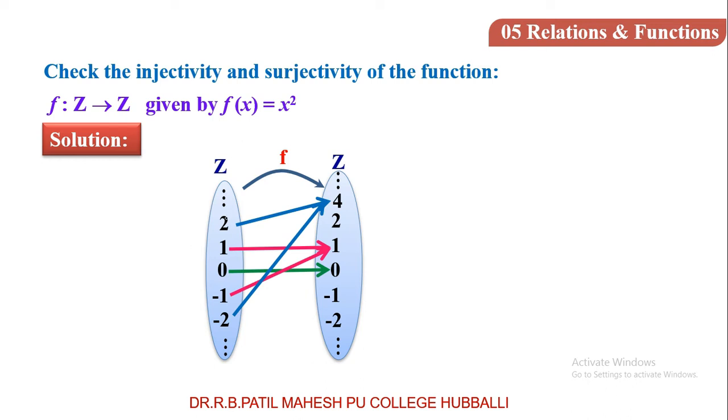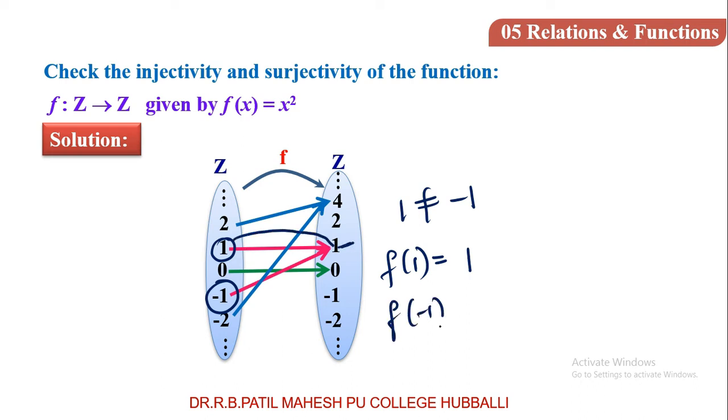Clearly you can see 1 and minus 1. 1 is not equal to minus 1. But what is the image of 1? f of 1 is 1. See, 1 is related to 1. This is the image of 1. f of minus 1 is related to again 1. So from these two I can tell you f of 1 is equal to f of minus 1.